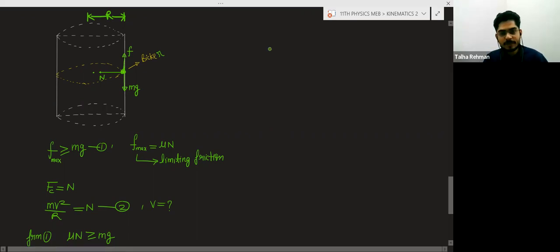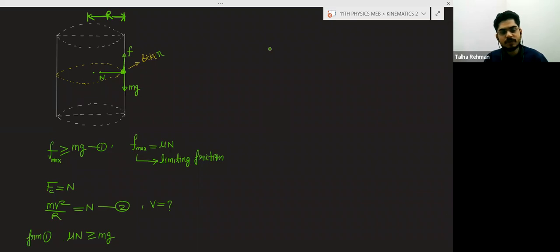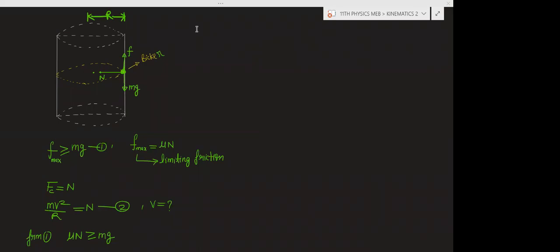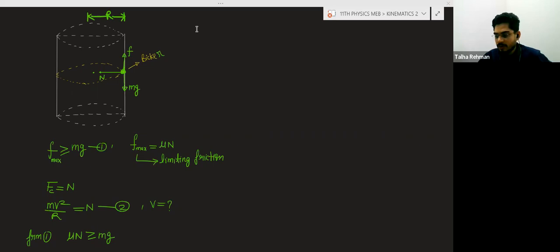So both of you have completed the work power energy in your school. Completed now. Yes, sir. So we can start rotational motion if you want, but you should know what is energy conservation and how to apply the energy conservation.